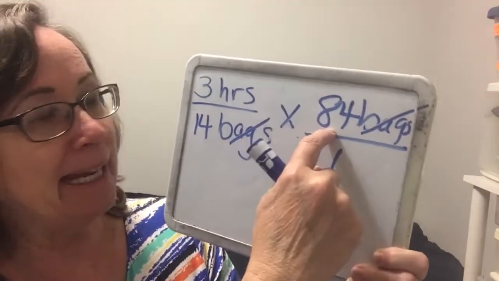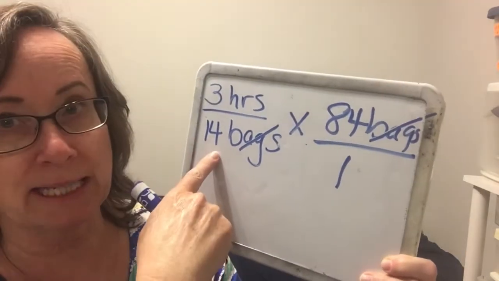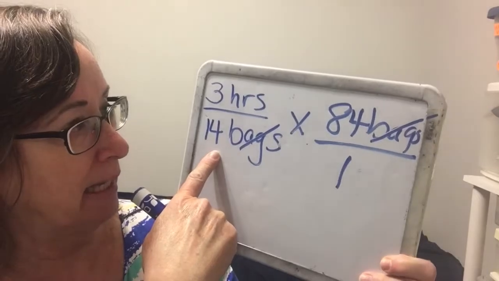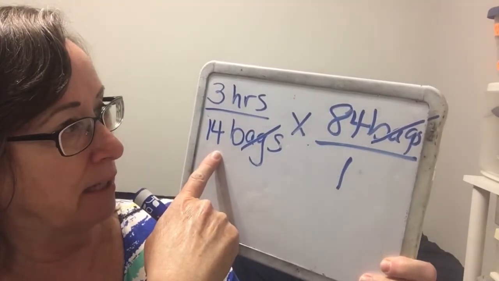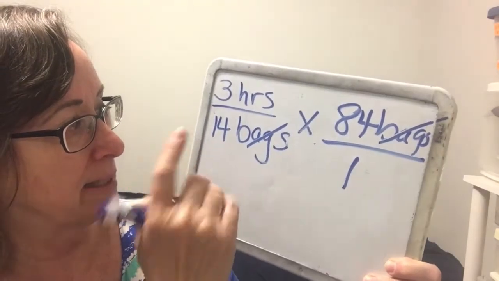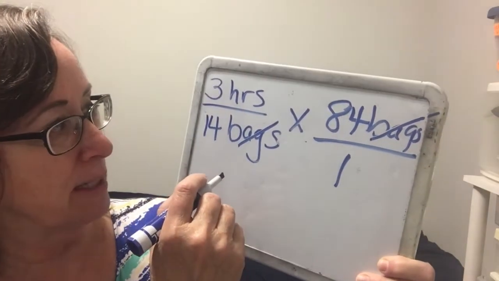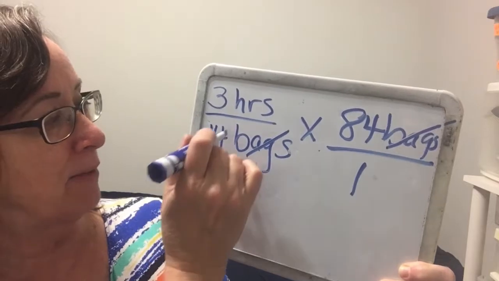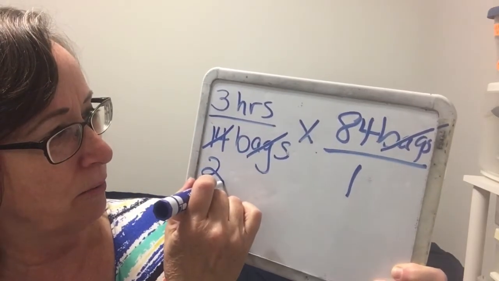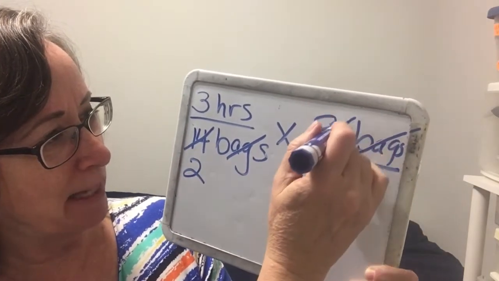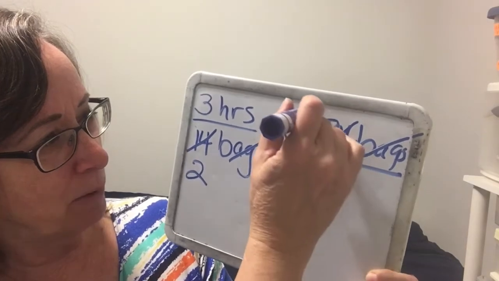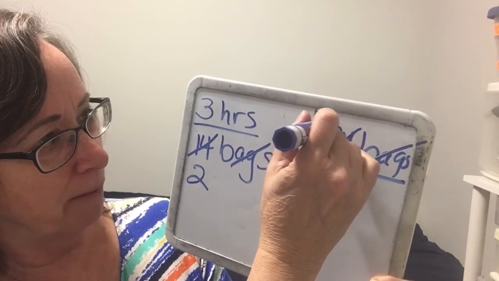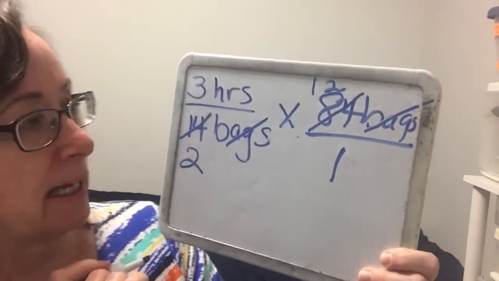So now 84 and 14 are both divisible by 7. Okay, and so actually divisible, I think, by 14. But let's check. If I divide this by 7, I get a 2. If I divide this by 7, I'm going to get a 12. 12 times 7 is 84.